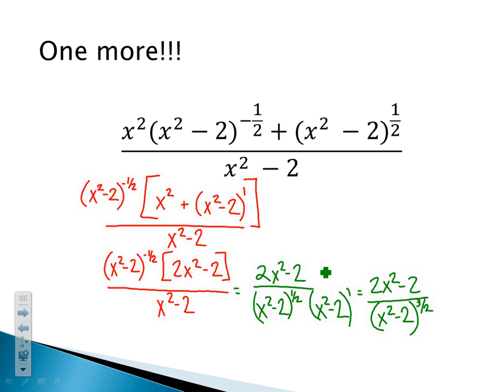Okay. The book even went so far as to take that top and factor a 2 out of it and end up with x squared minus 1. So let's just take a look at what that does. If we're factoring completely, I suppose we better make sure we do this too. Now, what do you see in your numerator?